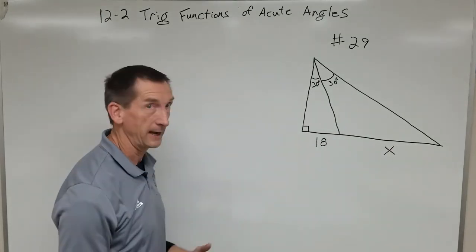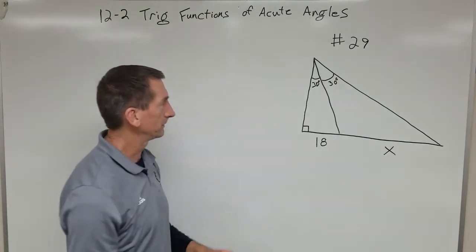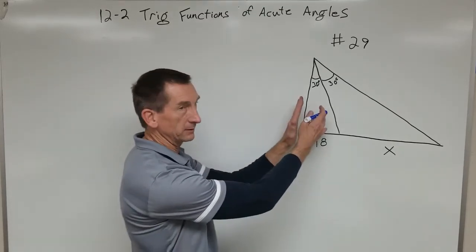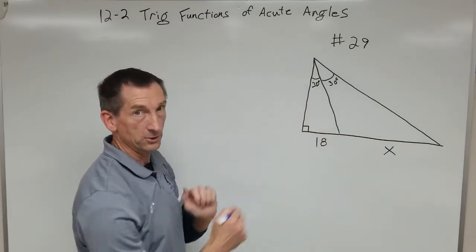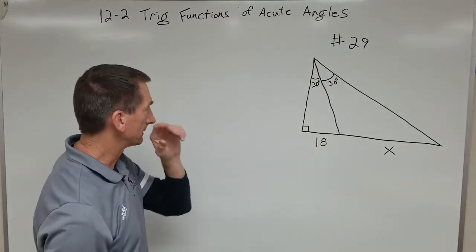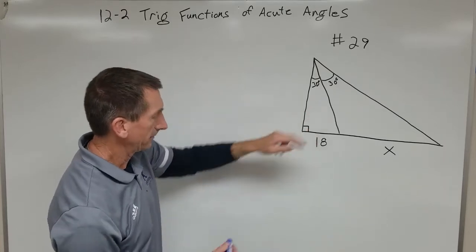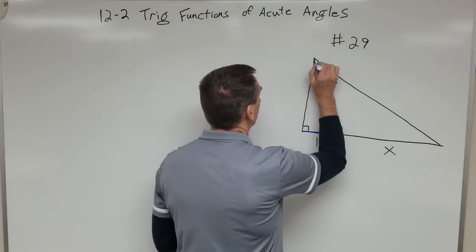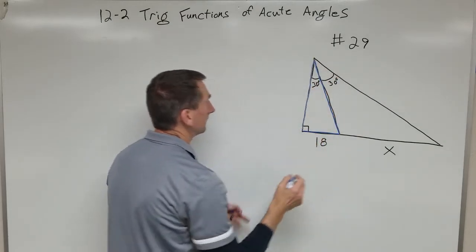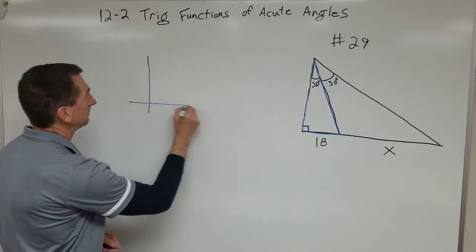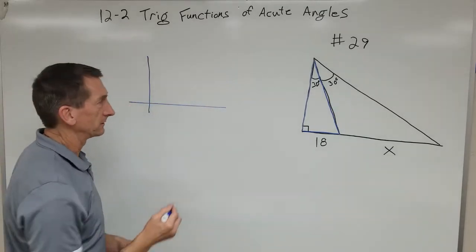So let's attack this thing by looking at it in a small view, and then we're going to look at a larger view. We can see we've got a couple of triangles here. Okay, so let's take this one right here, and let's put this into a standard configuration so that we can feel more comfortable using our trig functions.